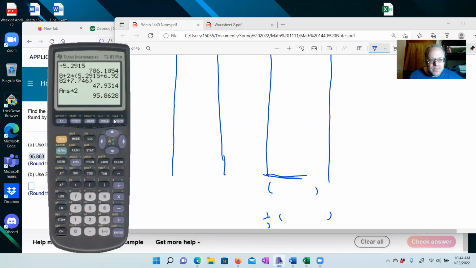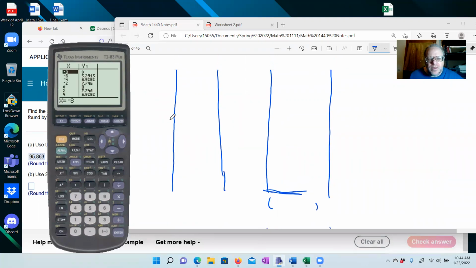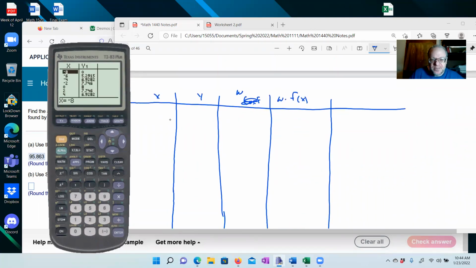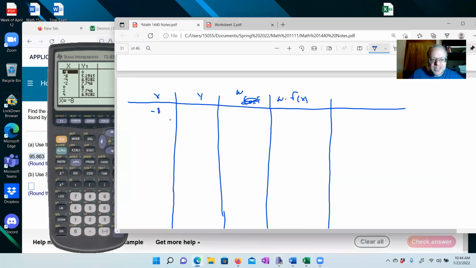All right, calculator time. So there's my table. This is going to go a little bit easier for you because I know you're going to be able to have everything on one page. We have -6, 5.2915. Weight is 4, correct?